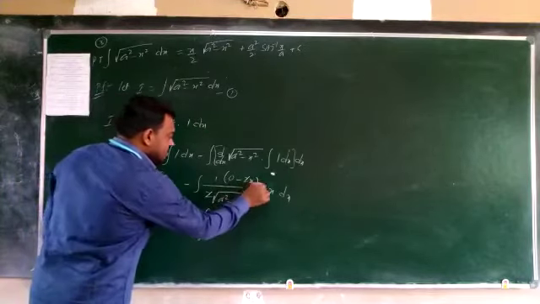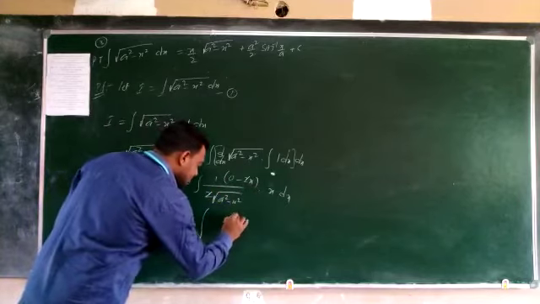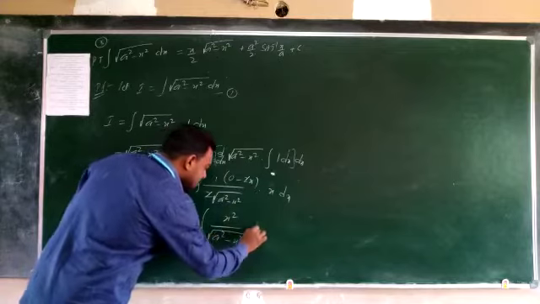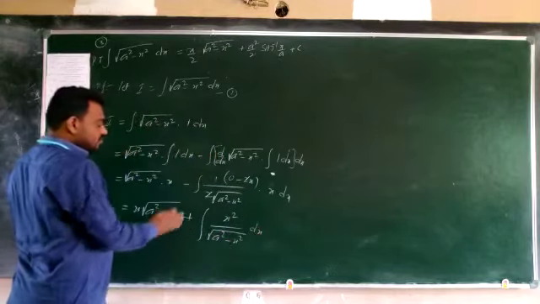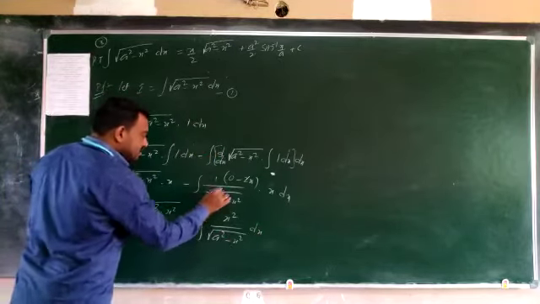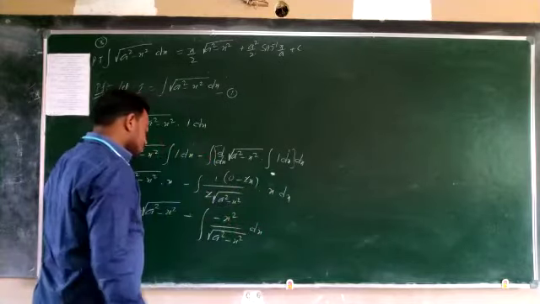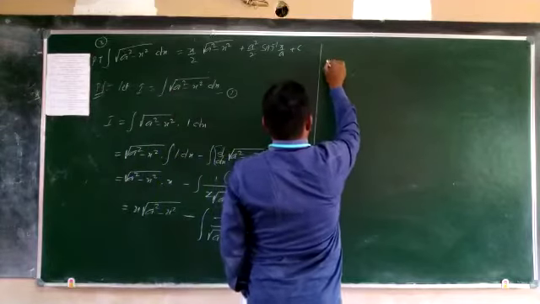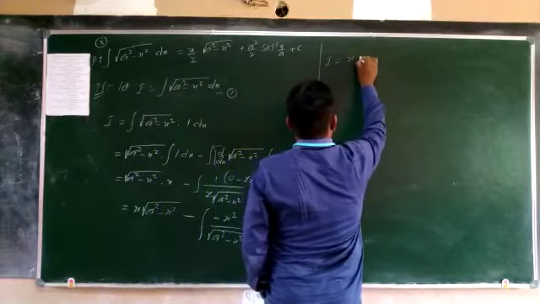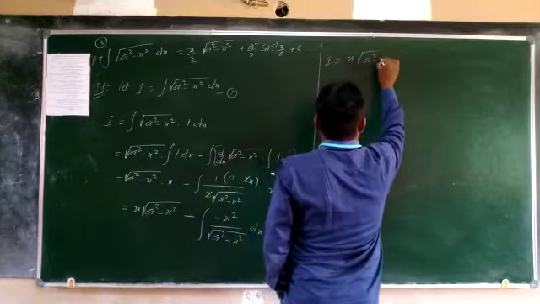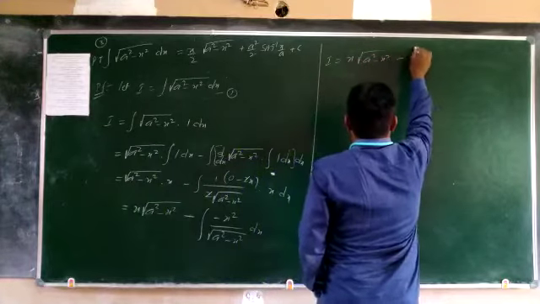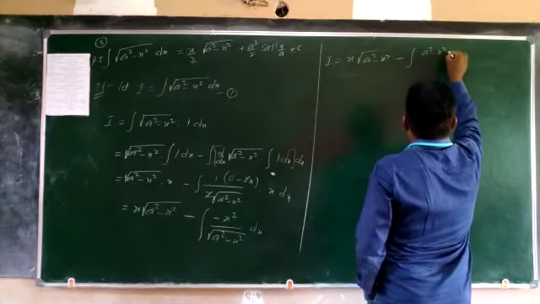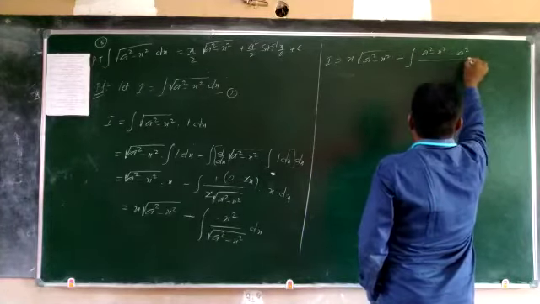Next, integration of x into x, that is x square by under root of a square minus x square. You do one thing: minus as it is, you write it. So I is equals to x into under root of a square minus x square minus integration of, what I am writing here, adding and subtracting with a square.